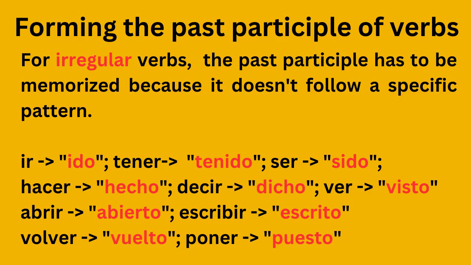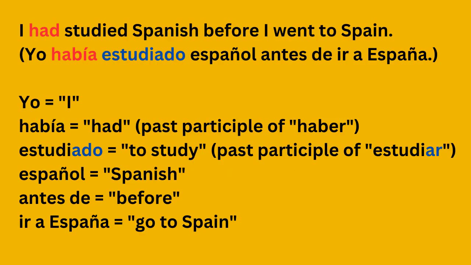Abrir, abierto. Escribir, escrito. Volver, vuelto. Poner, puesto. These are just a few examples, and there are many more irregular verbs in Spanish with unique past participles. Let's do more examples of the past perfect tense.